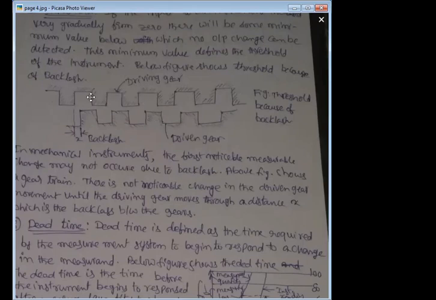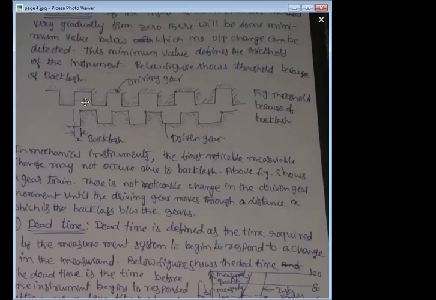Whenever this gear is rotated, the attached driven gear is also rotated. To make this gear rotation, initially we have some difference of x between these two to get connected, the driving gear and the driven gear.